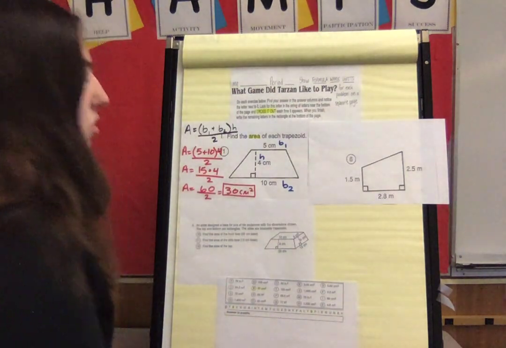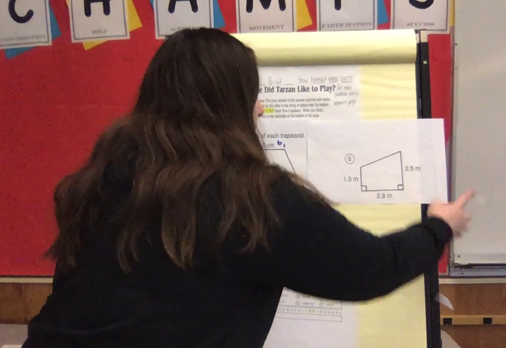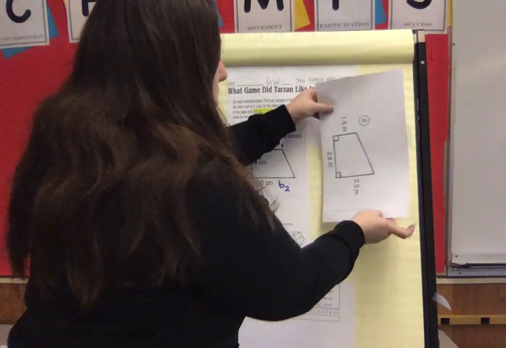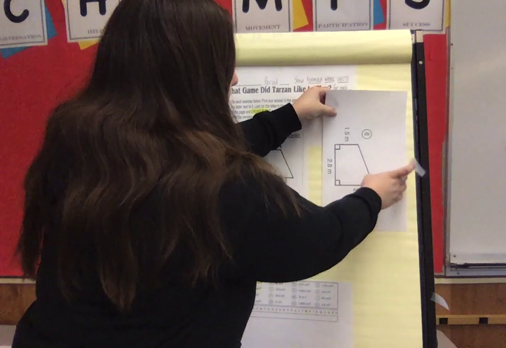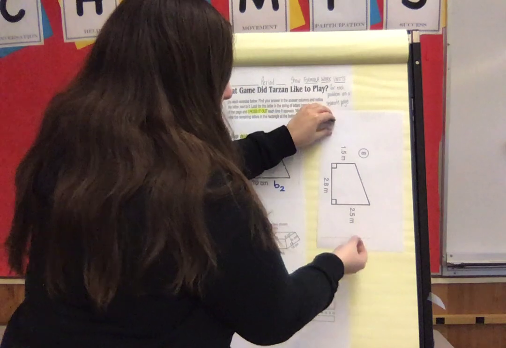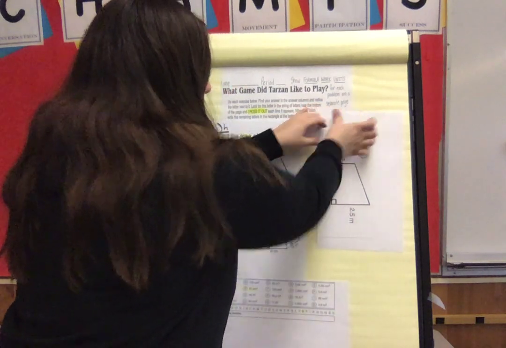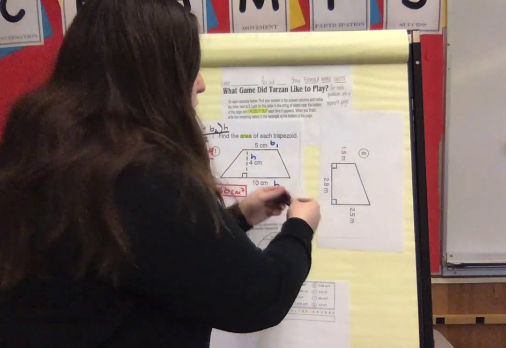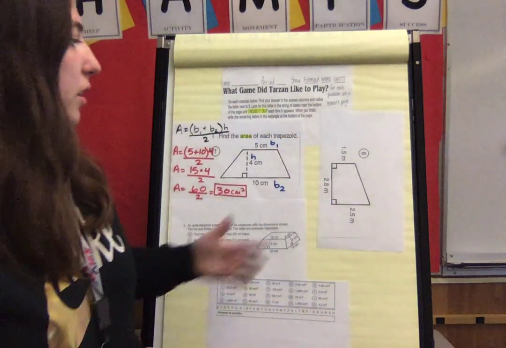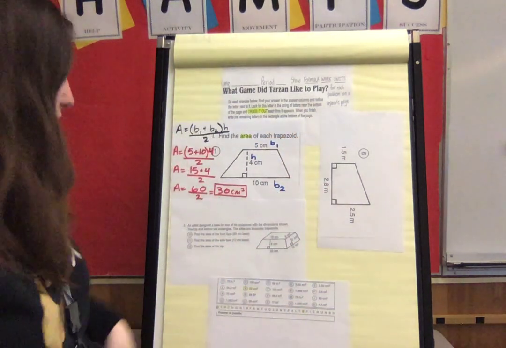Okay, so that's what we're going to do here with number 6. We are actually just going to turn it. So I'm just going to turn this over like this. So now it looks more like what we've been doing, okay?